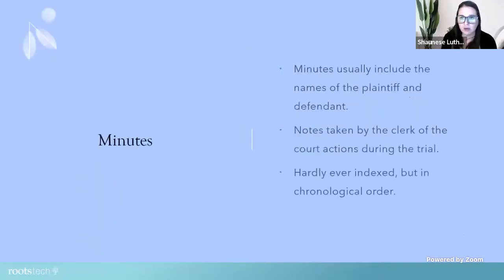So then you have the minutes. Now this will include the names of the plaintiff and the defendant or defendants, depending on how big this case is. You'll also have the notes taken by the clerk. But they're hardly ever indexed, but they are in chronological order.